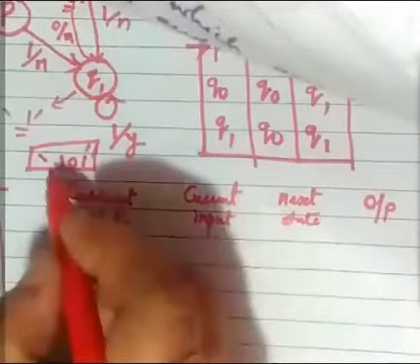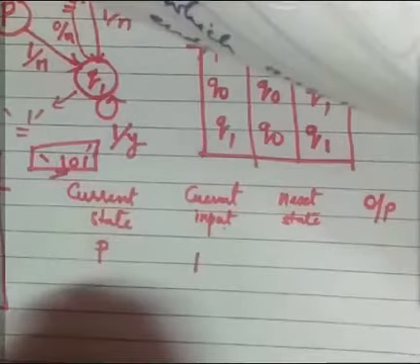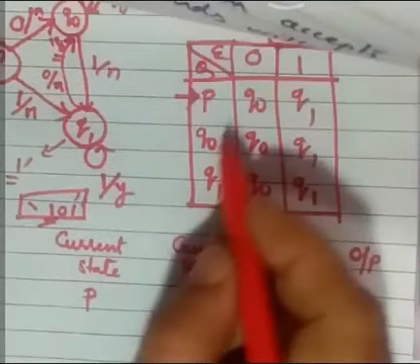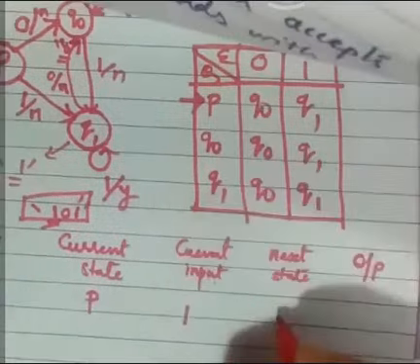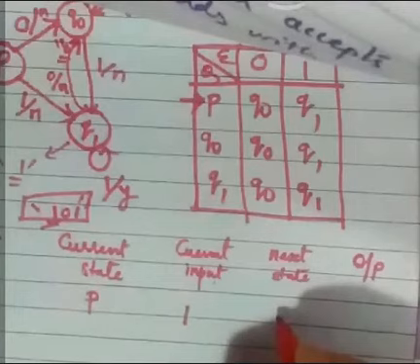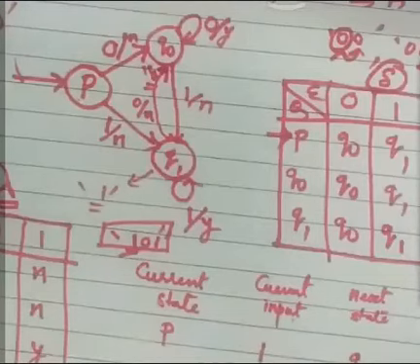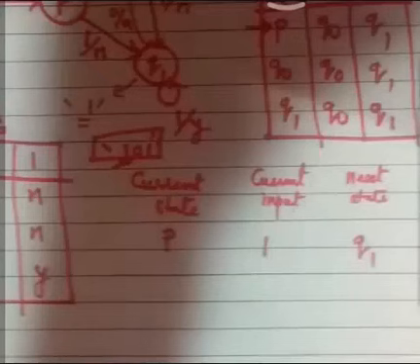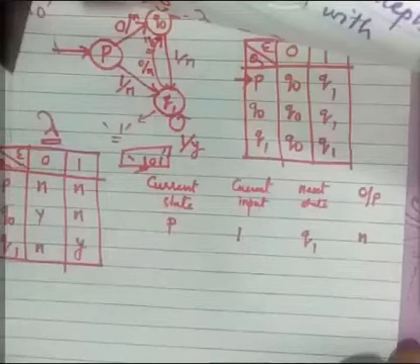Very first I need to take 1. So P on 1 moves to Q1. Next state is Q1. What about output? P on 1 produces output no.